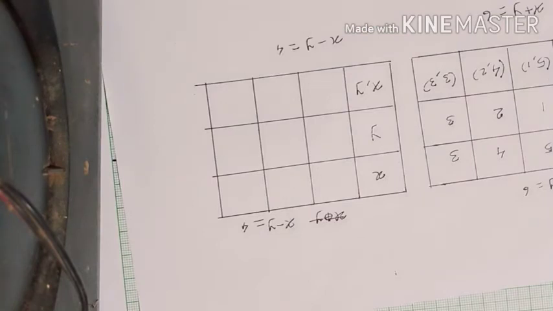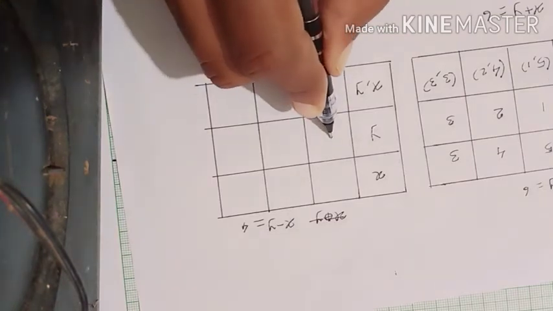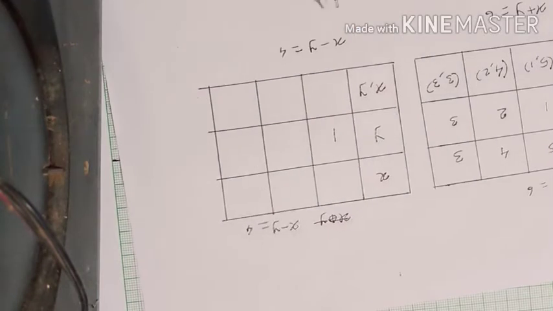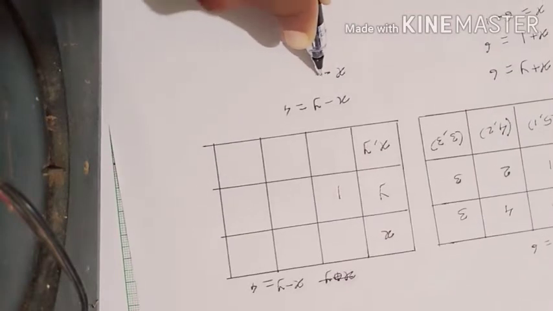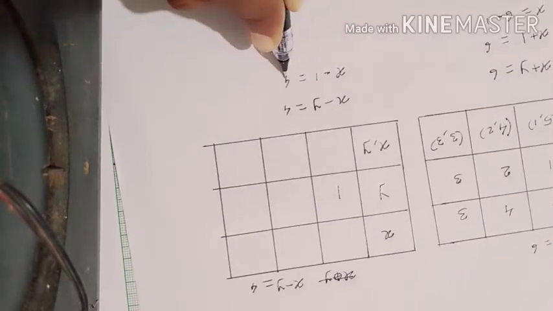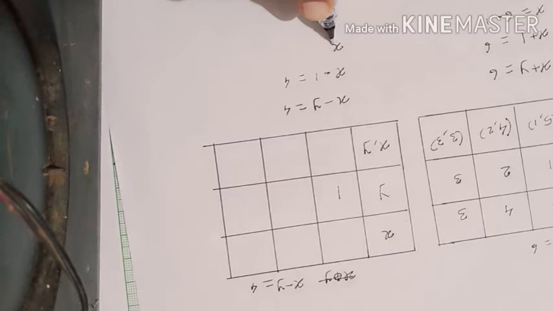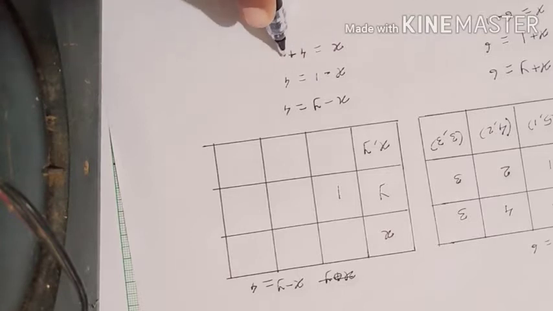Suppose I take the value of y as 1 here. Therefore, x minus, the value of y is 1, is equal to 4. Now, here x is equal to 4. At first, you have to write RHS, and minus 1 becomes plus 1.